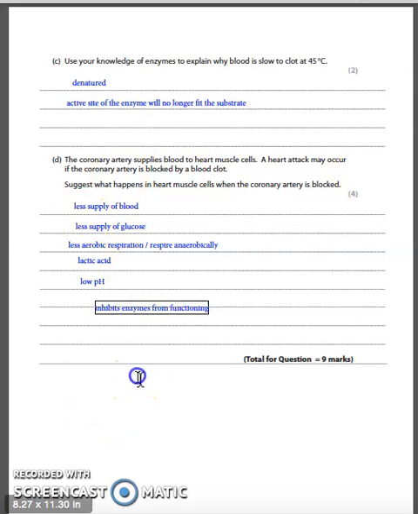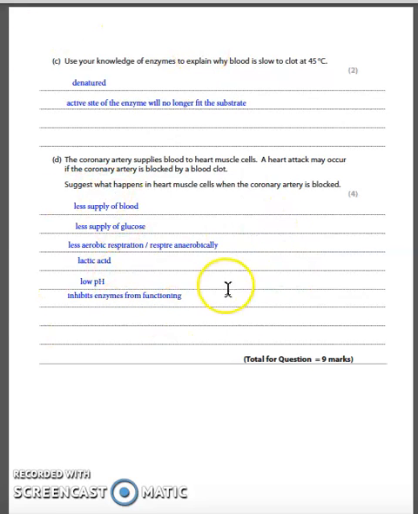So that's it, this is what will happen if our coronary artery is blocked. Thank you.